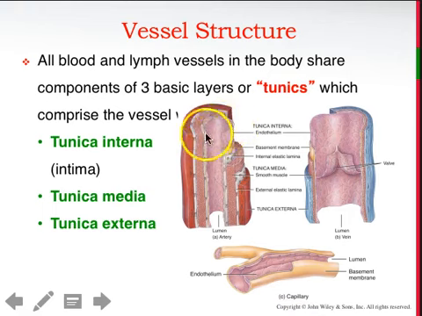So tunica interna is going to be made up of an endothelium, the basement membrane, and then an inner elastic lamina. Next up, we'll have the tunica media, which is going to be composed of smooth muscle, and then there's another elastic lamina called the external elastic lamina, and then the outer layer is the tunica externa.